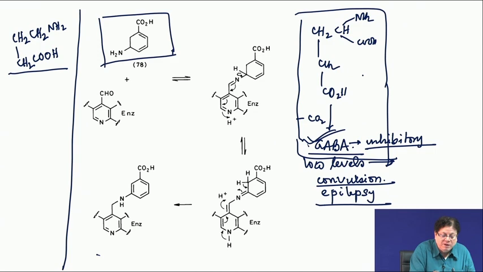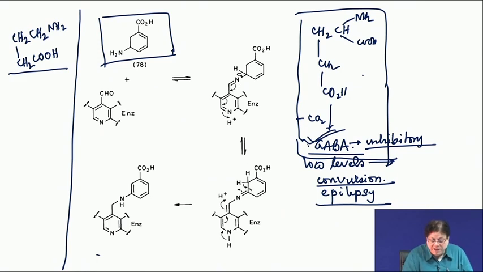So, you have this compound, you see this is almost like a GABA amino acid, but it is hooked up to this diene. Now, what will happen? I can show it here. First, this pyridoxal phosphate reacts, forming the imine, and it acts as an electron sink, and the electron flows here up to this point.